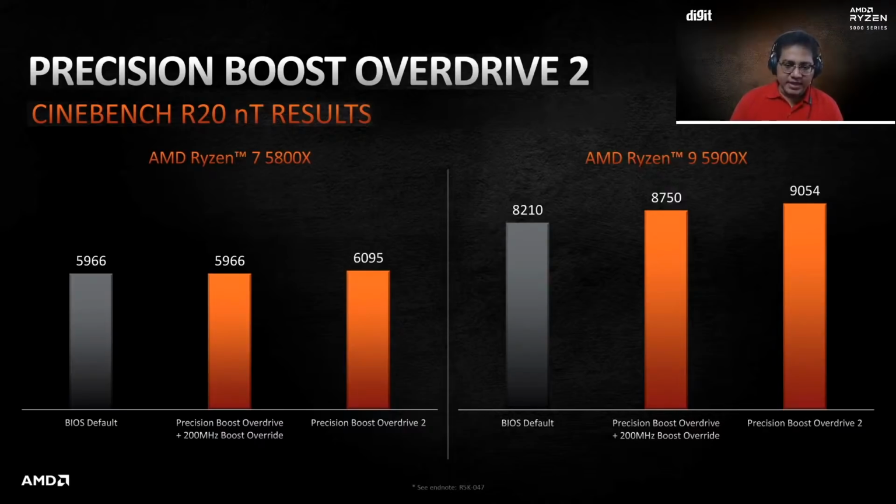Now that's tremendous considering that's more than an 800 point increase compared to stock. So again, performance varies across the board from workload to workload. And in Cinebench R20, which is an industry benchmark, we can see significant gains. 800 points is no small feat for 5900X, whereas for 5800X, we don't see as much.